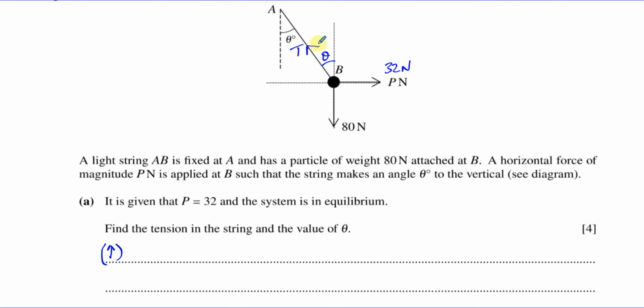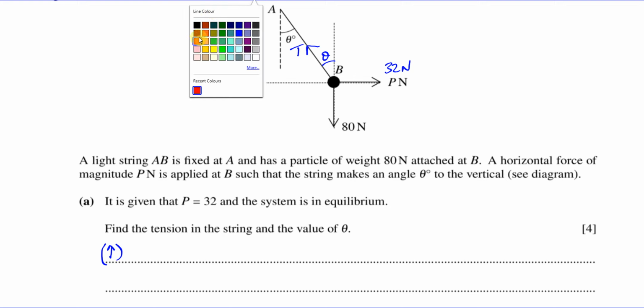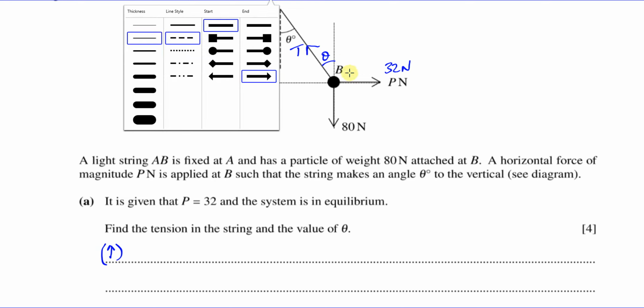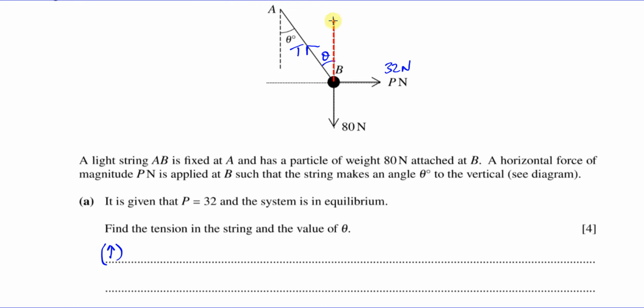To resolve it vertically, I'm going to go into the angle given, and this red dotted arrow represents the component of the tension in the vertical direction. Going into the angle, it's going to be T times cosine theta.